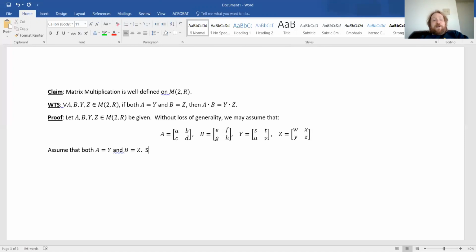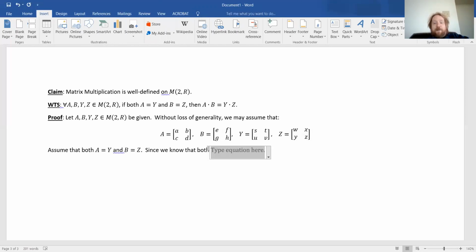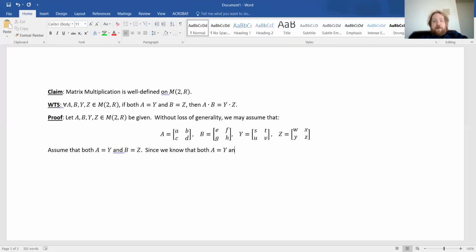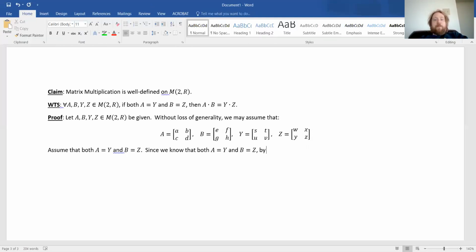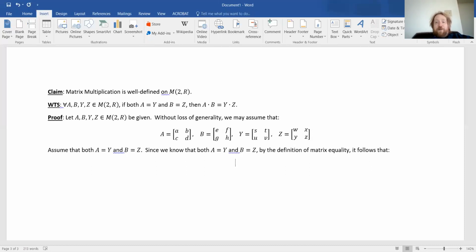So, since we know that both A equals Y and B equals Z, by the definition of matrix equality, it follows that, and I'm just going to set all the pairs of entries equal to each other.